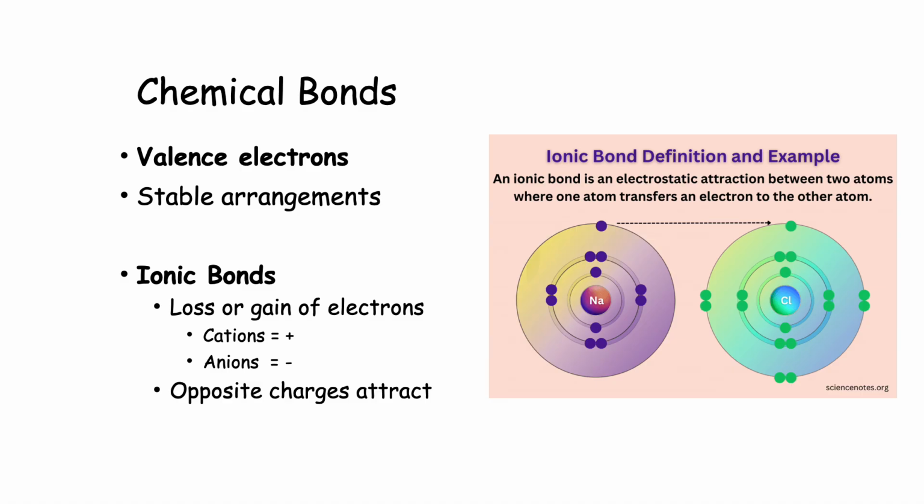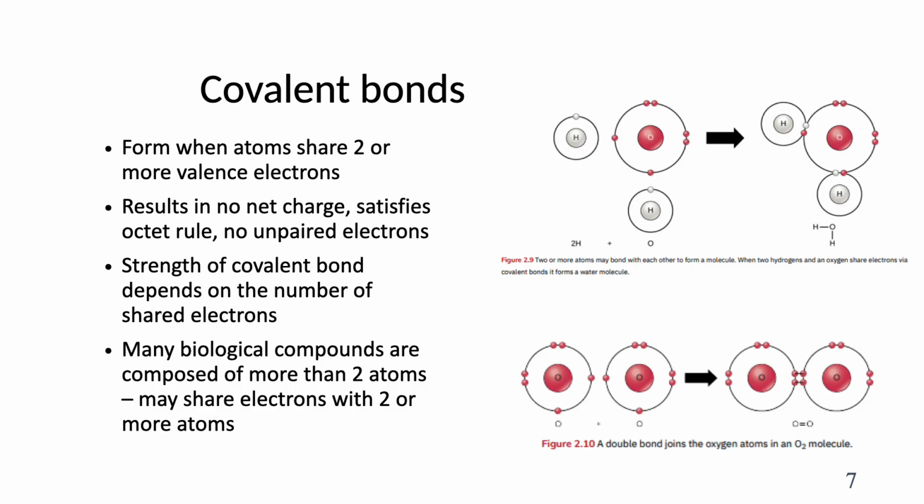When they do this, they become ions, charged atoms. And these oppositely charged atoms, positive ions and negative ions, are attracted to one another and form compounds that are ionic bonded together.